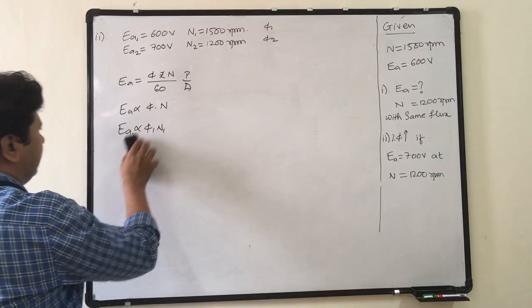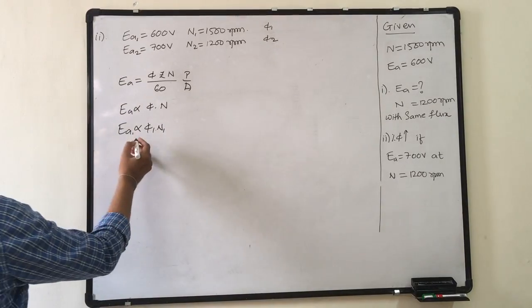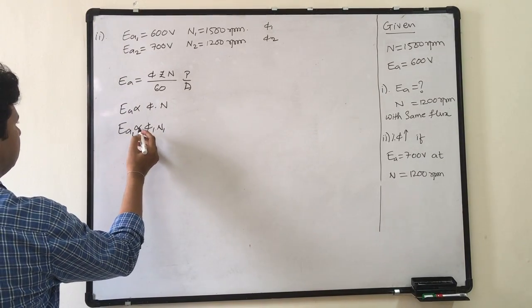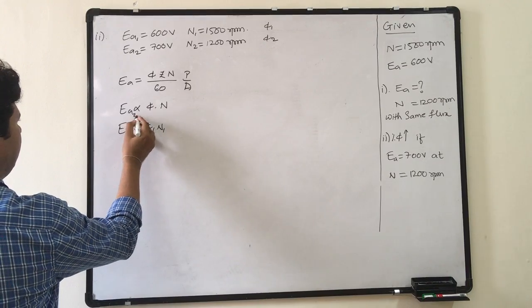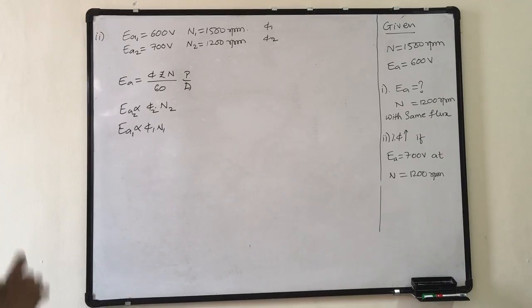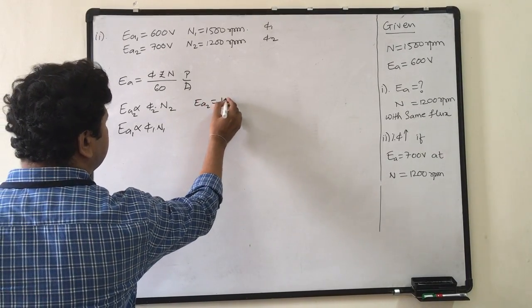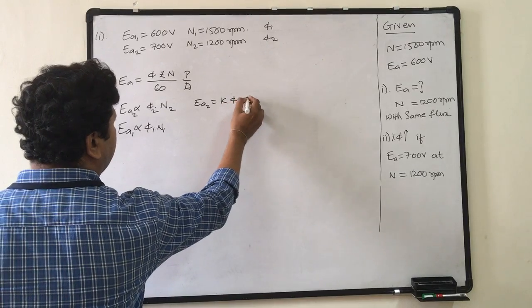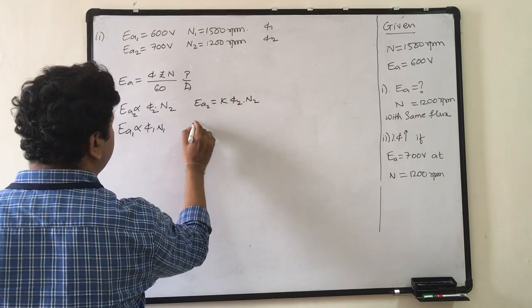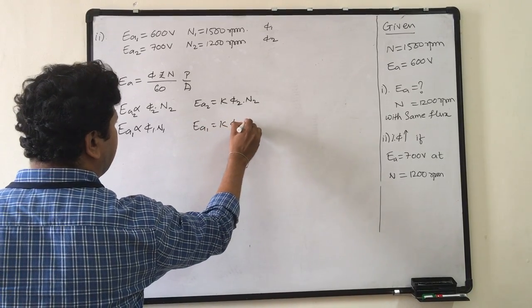EA2 is equal to K phi 2 into N2, EA1 is equal to K phi 1 into N1.